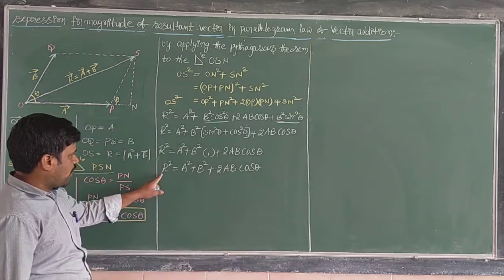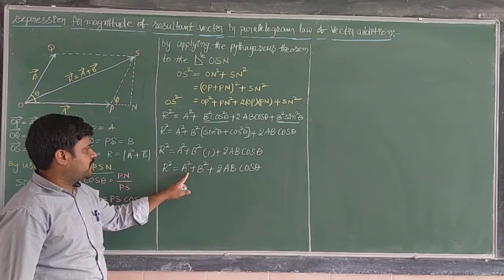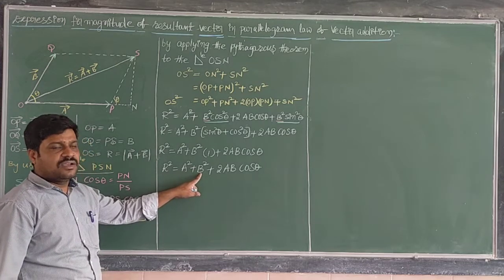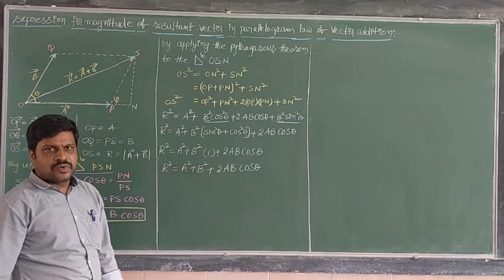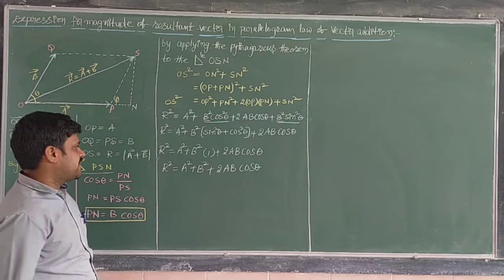Now on one side a square is there, and on the other side these terms have squares, but here there are no squares. On both sides, we apply the square root.